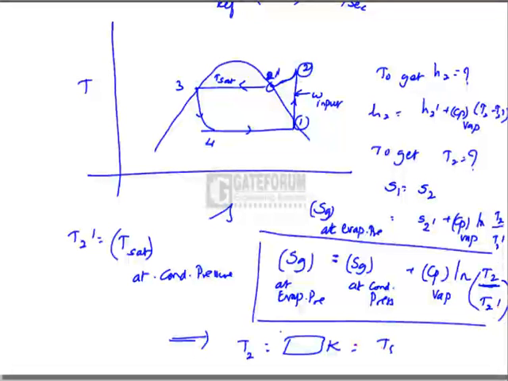T2 is the superheat temperature at condenser pressure of refrigerant, that is at the end of the compression. Once we know T2, immediately we can calculate H2, that is enthalpy of the refrigerant after the isentropic compression. Then we can obtain COP as well as the work done per second in the compressor also.